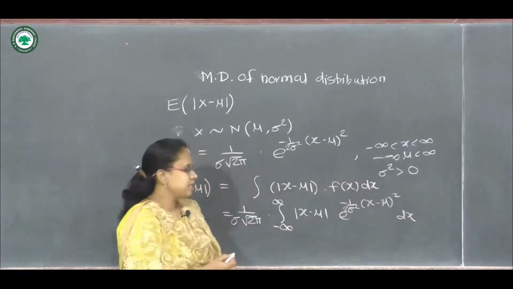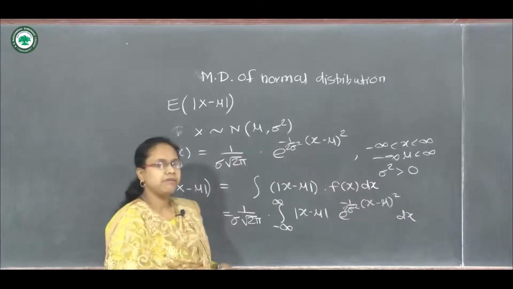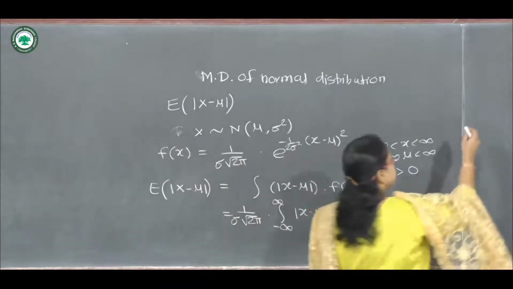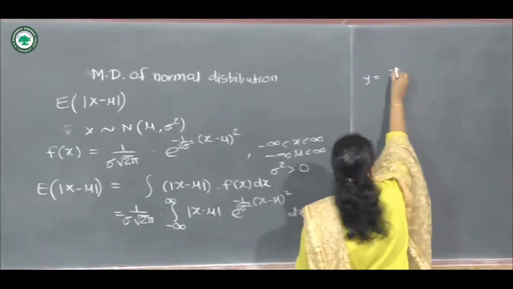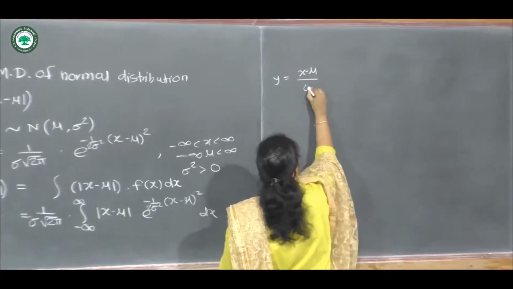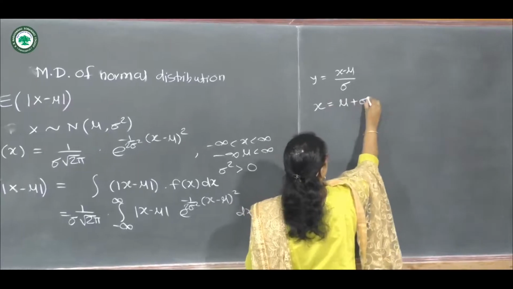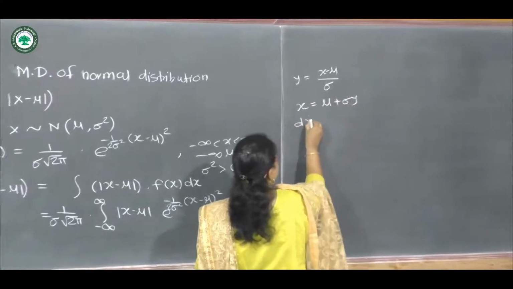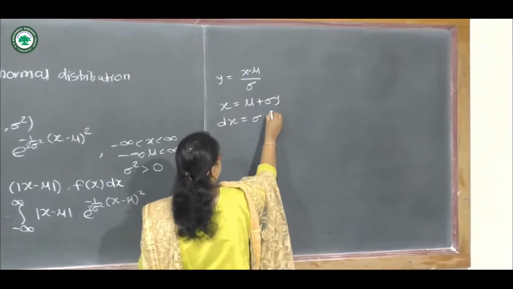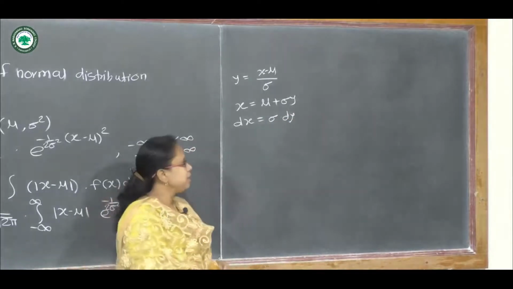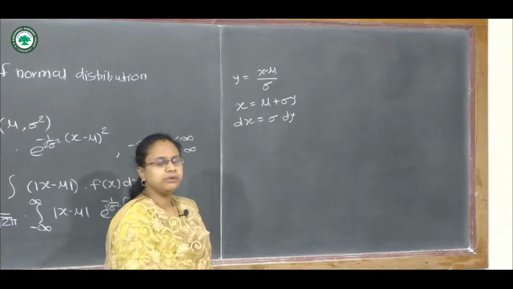To solve this type of integration, first we will make a substitution. So let y equal to x minus mu upon sigma, then x will be mu plus sigma y and dx will be sigma into dy. Further, the range of variable y will be from minus infinity to infinity.